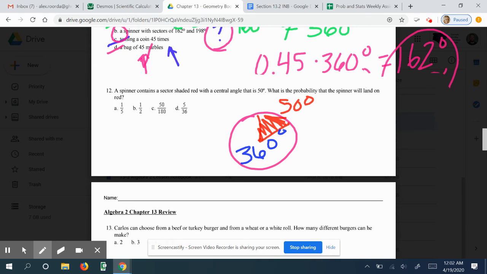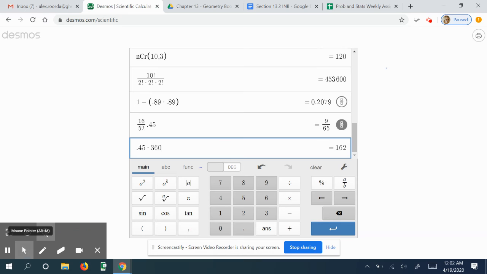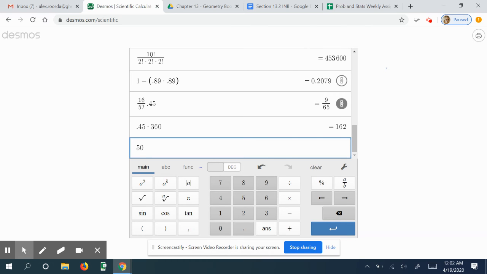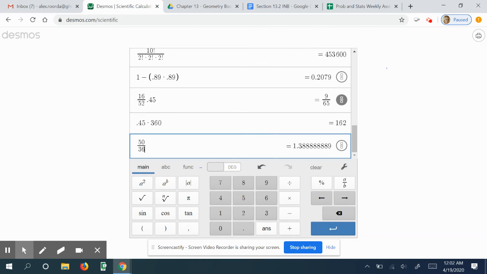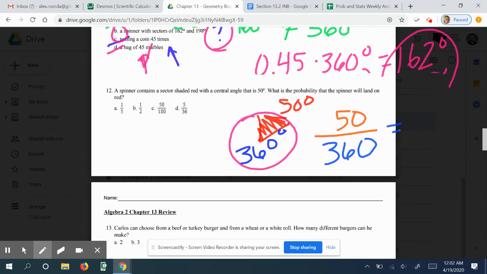So the chance of landing in the red sector is 50 out of 360. We can simplify that. On our calculator, 50 divided by 360 is 5 over 36. So the correct answer to this one is D.